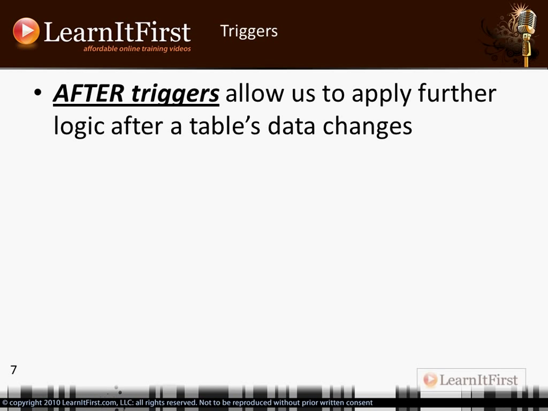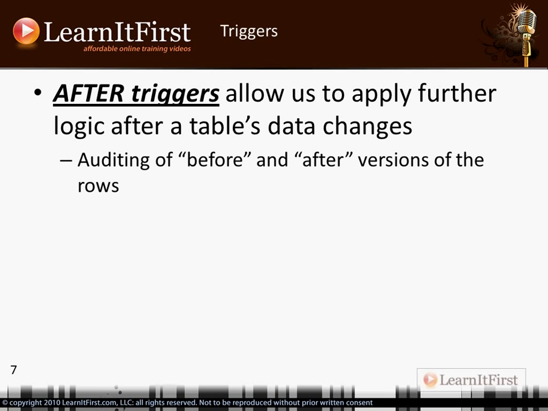The transaction stays open until the after trigger has finished, so you don't want your trigger code to be adding a lot of overhead to your timing. Now, one of the big uses of an after trigger is for auditing. And I'm going to show you this. It's probably half the after triggers I write end up being auditing triggers, I think.